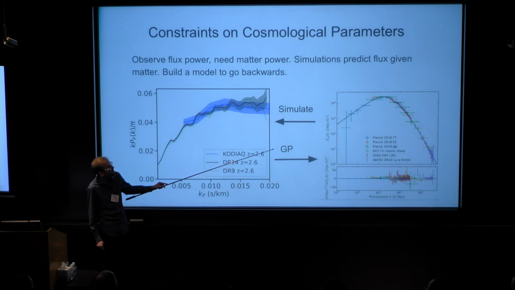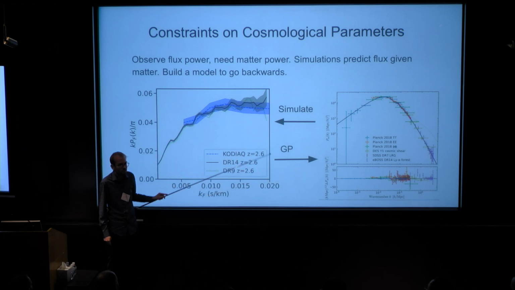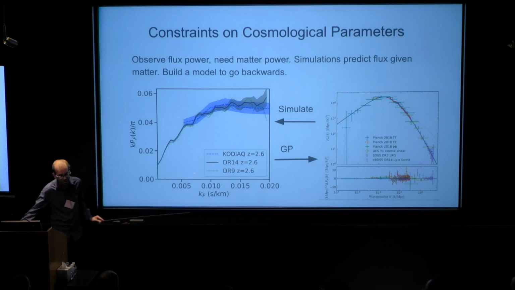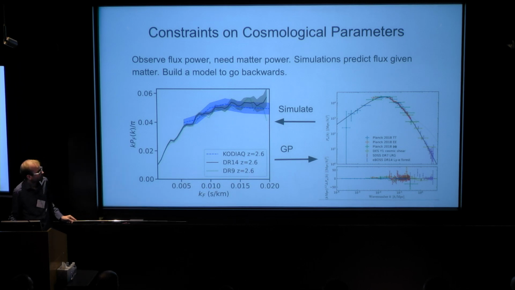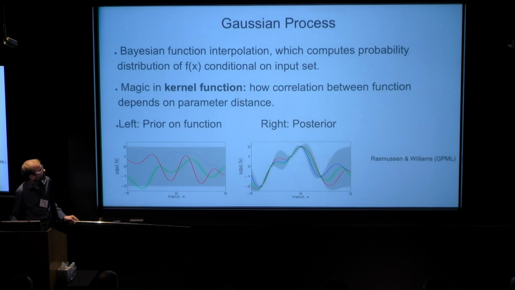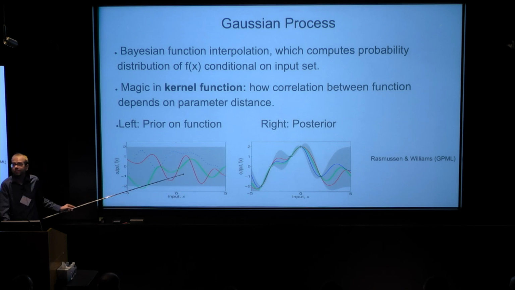So to do this, we need to build some kind of interpolating model. I'm using the Gaussian process because it's simple, and it does the job. The Gaussian process is Bayesian. I like to think of it as Bayesian function interpolation. So this will compute the probability distribution of some function f of x conditional on an input set.